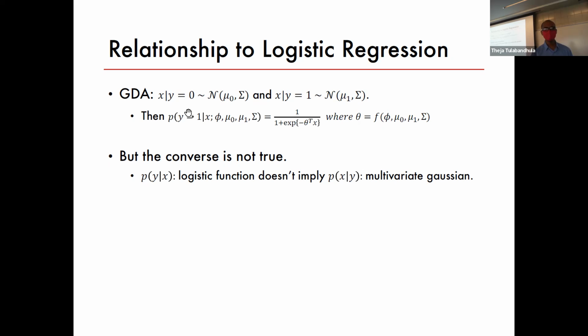This conditional probability turns out to be equal to 1 by 1 plus e to the power minus theta transpose X, where theta is some messy function of phi, mu naught, mu 1, and sigma. By the end of the day, it's a bunch of coefficients which multiply X. It's a nice exercise to work through if you have time.